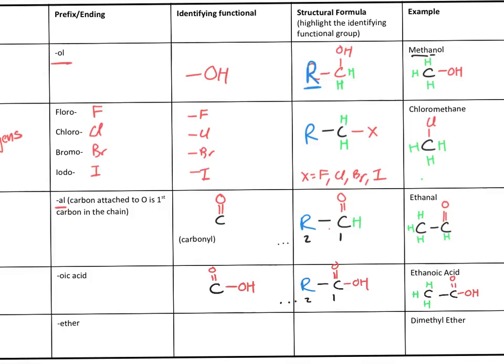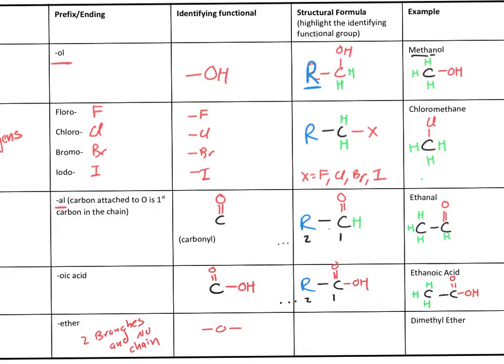Okay. The next thing that we are going to learn about is the ether. And the interesting thing about an ether is that it has two branches and no chain. So the identifying functional group for an ether is an oxygen.